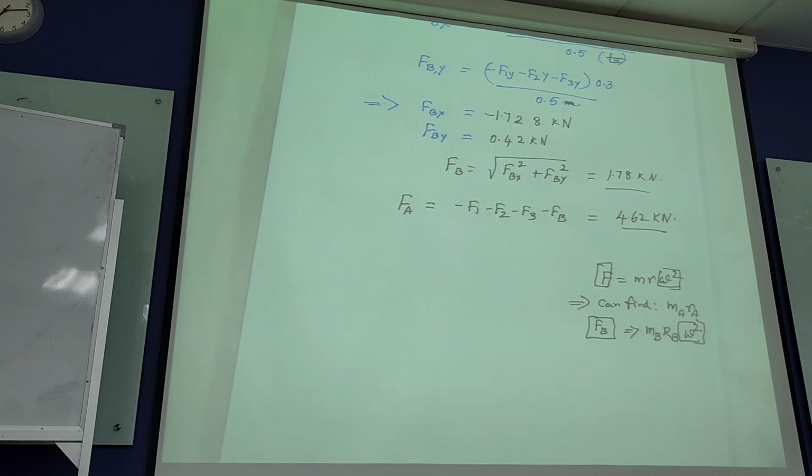Say again? FA, because you know F1, F2, F3, right? You have already calculated. Yeah, correct. Then FB also is calculated, right? So F1 is 14.8.